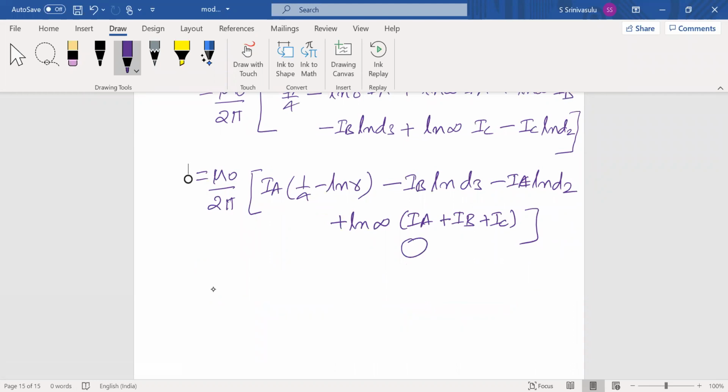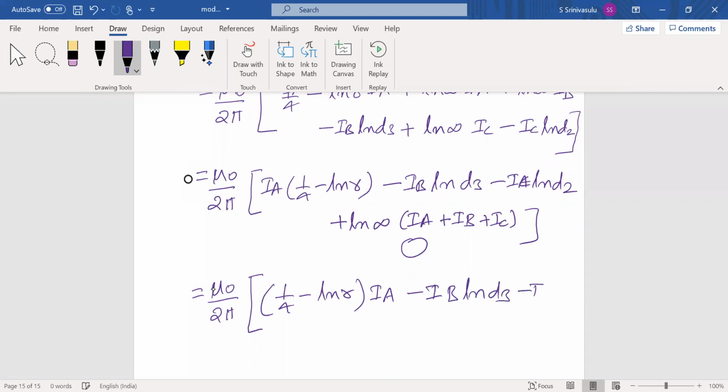We can write mu naught by 2 pi, bracket begin, 1 by 4 minus ln of r into IA, minus the remaining terms, IB into ln of D3 minus IC into ln of D2.